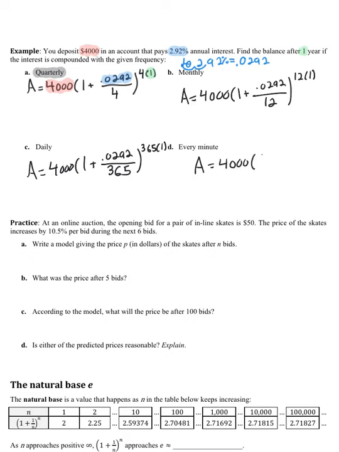What's that do to our value in the account? If we did every minute, you have to think there are 60 minutes in an hour, there are 24 hours in a day, so I'm going to do 60 times 24. And there are 365 days in a year. So I have to put how many minutes per year there are. And there are 525,600 minutes.